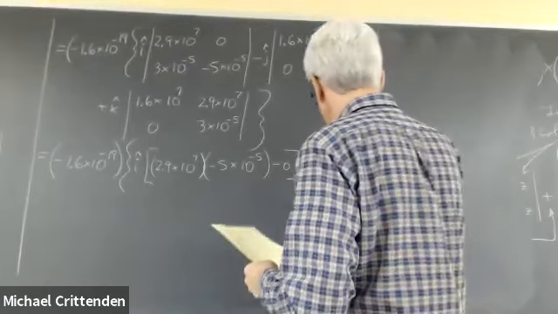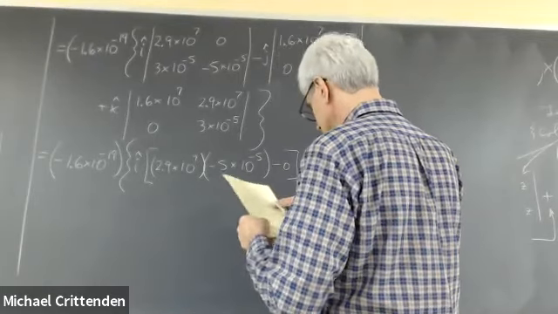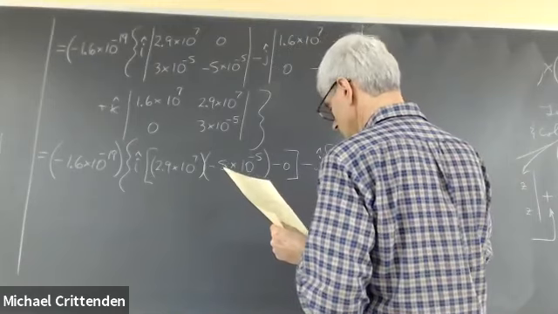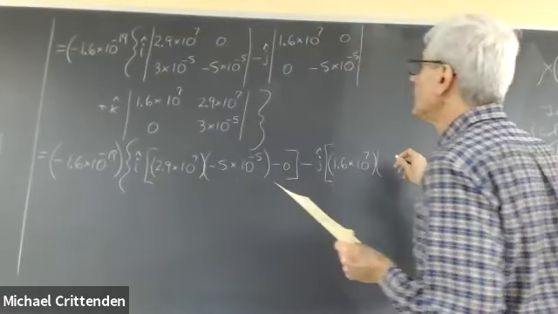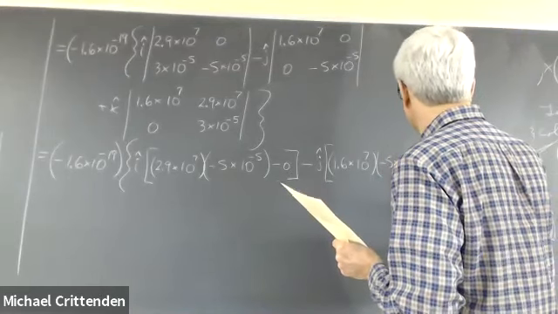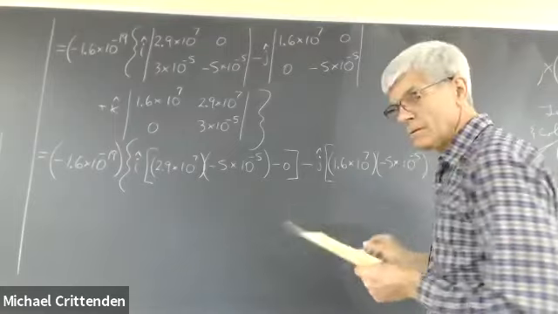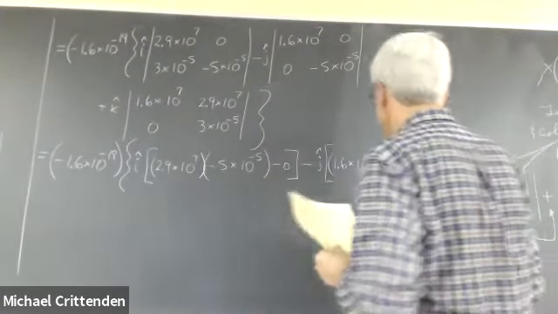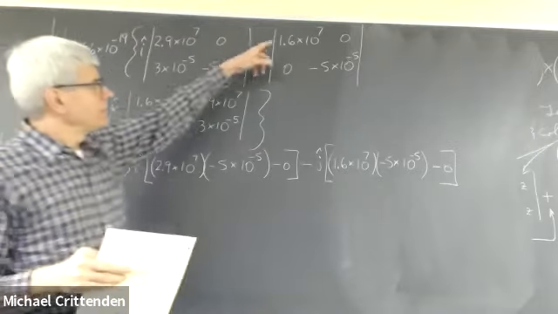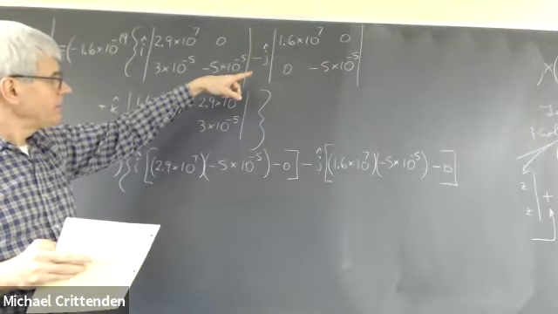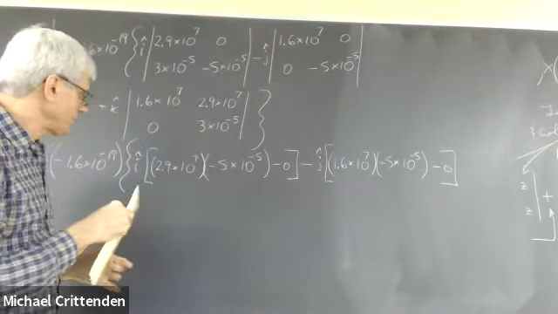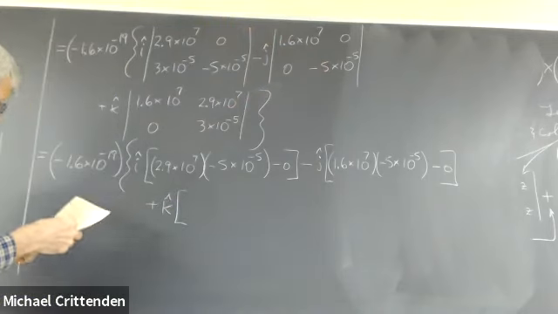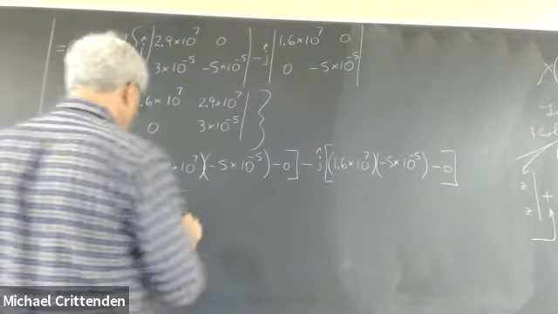For the j component, that times that along the downhill diagonal, and the other diagonal, 0 times 0 gives me 0. One more.